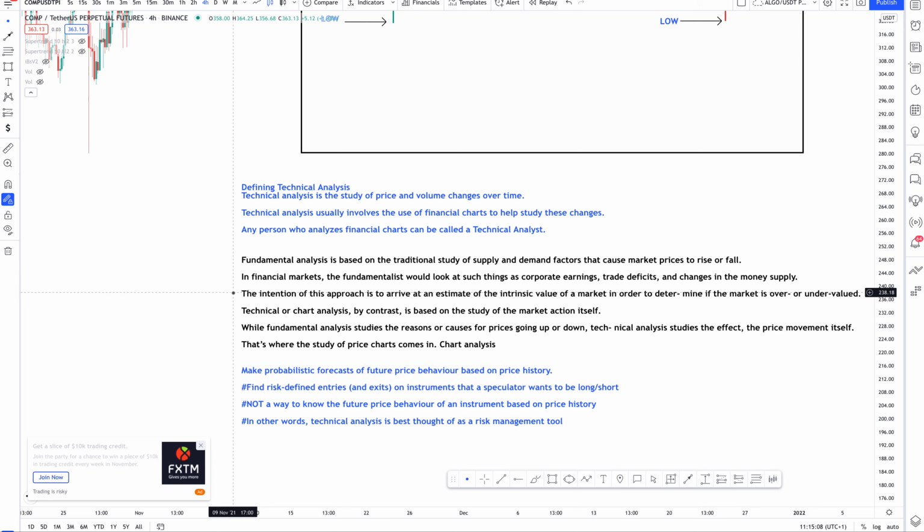Technical analysis, or chart analysis, by contrast to fundamental analysis, is based on the study of the market action itself, right?